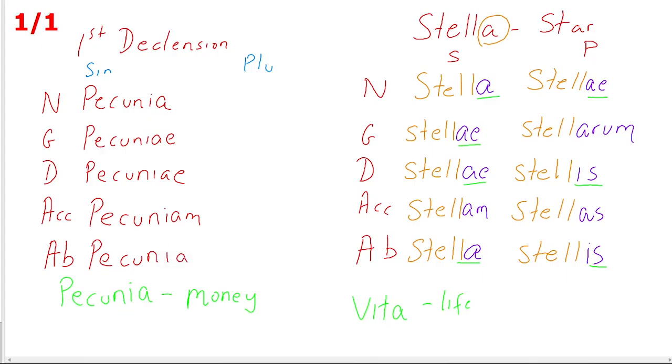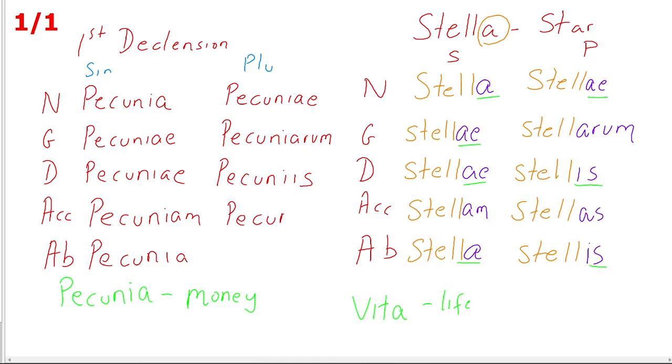Nominative plural, pecuniae, then you have pecuniarum, then you have in the dative, then you have pecunias, and you have pecunias.